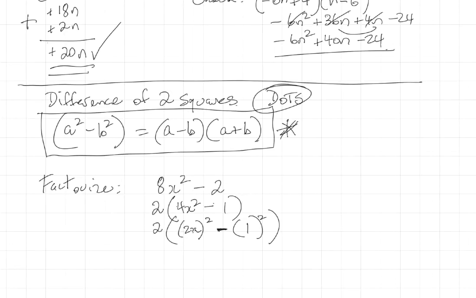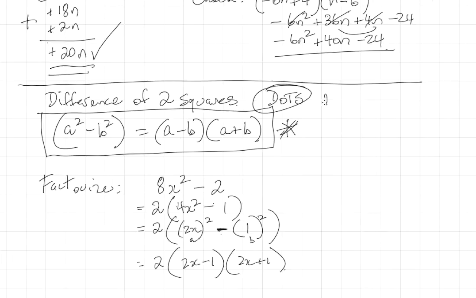Okay, now I've got it in the form of a squared minus b squared. So it fits our pattern, and we can go 2x. So this is my A, if you like, and that is my B. And the factors of a squared minus b squared is a minus b times a plus b, so that'll be 2x minus 1 times 2x plus 1.